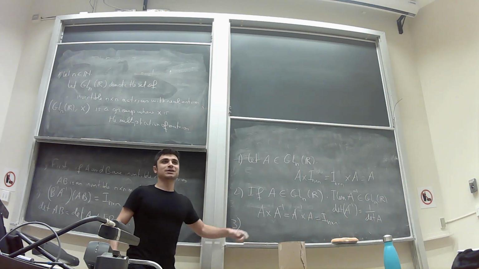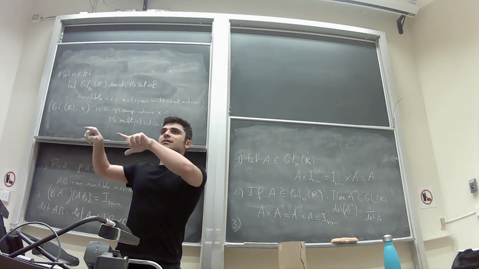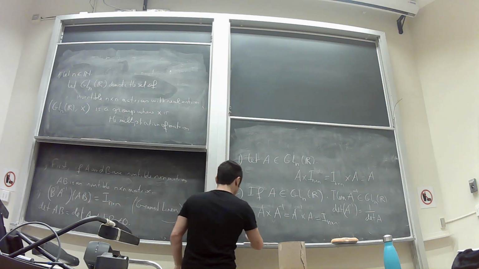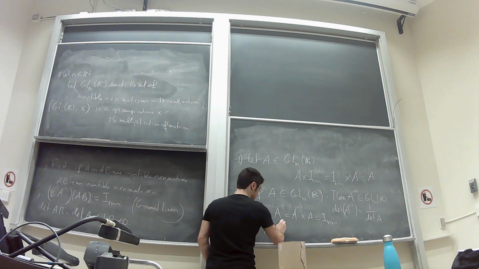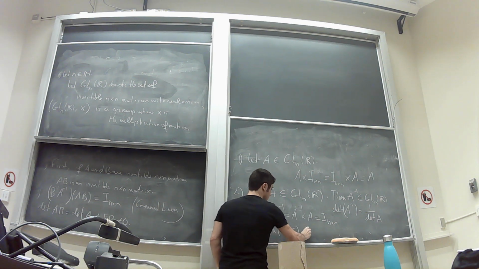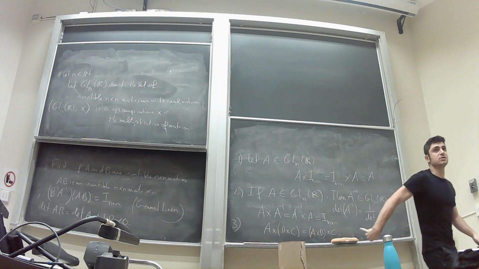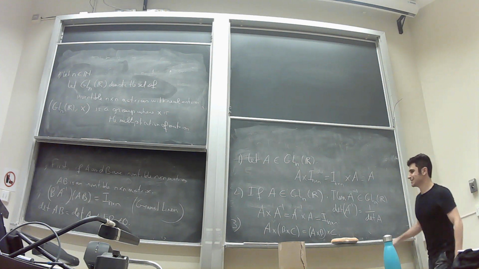And you know that multiplication of matrices is associative, right? If you multiply A times BC, you can do BC first and then multiply by A on the left, or A times B times C. You know this is true for matrices, no?